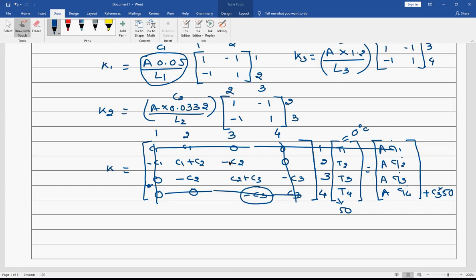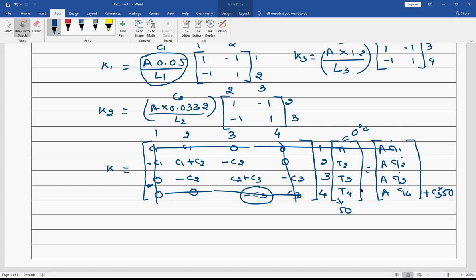No, just a moment. I am not multiplying with that. C3 will be multiplied to T3. Okay, I can do directly elimination.